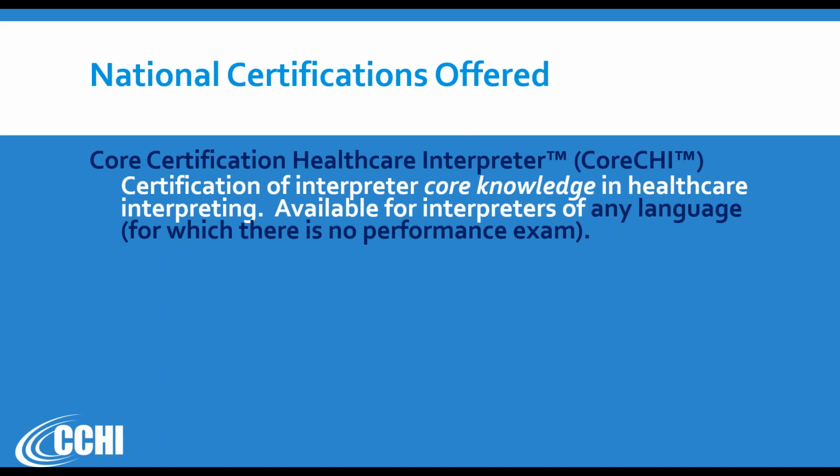One is called the Core CCHI certification, which stands for Core Certification Healthcare Interpreter. This certification is available to interpreters of any language for which there is no performance exam. The test administered for that certification is a multiple choice knowledge test that assesses your knowledge about healthcare interpreting.